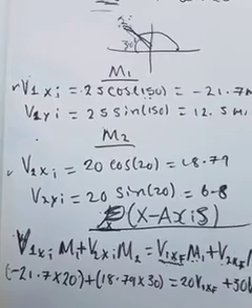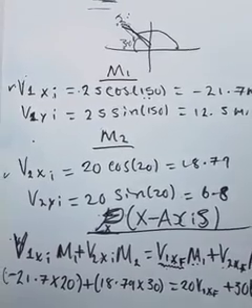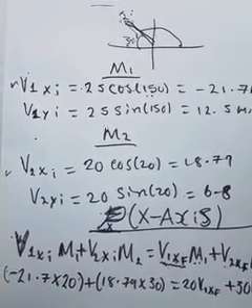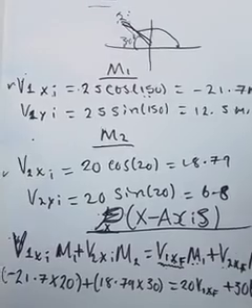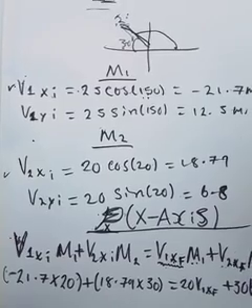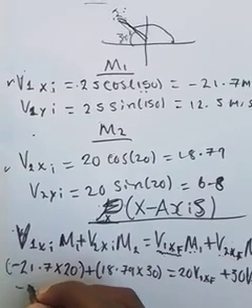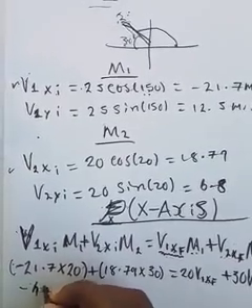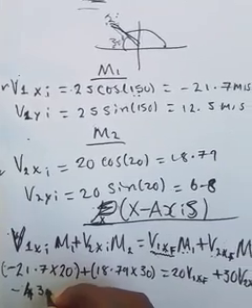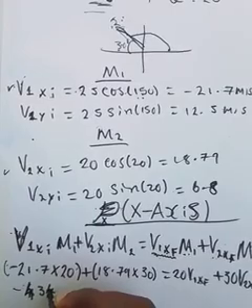Okay, so now you're going to say negative 21.7 times 20. It's going to give you negative 434. Hope it's clear.